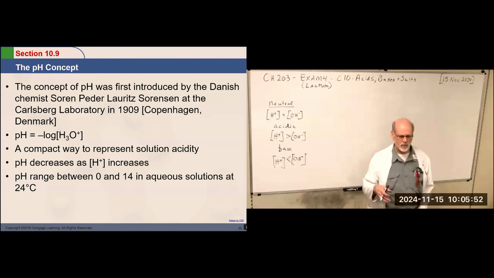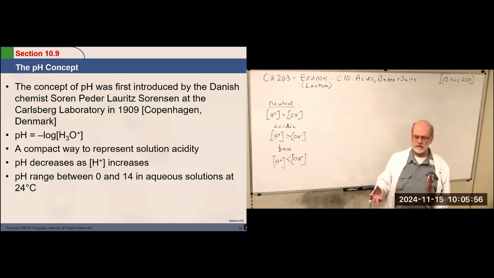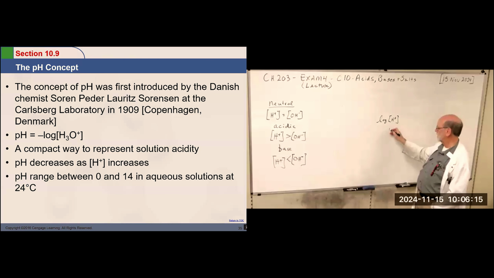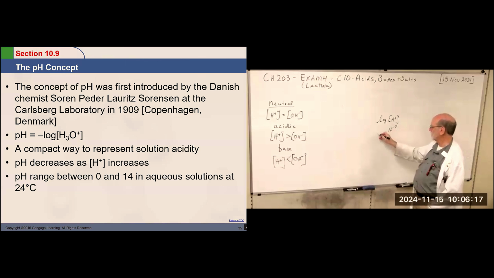He wanted something that was a little more convenient. So he decided, well, look, if I just take the log of the hydrogen ion concentration, I can get a compact number, right? So he said, all right, if I take the log of the hydrogen ion concentration, and let's just say it's neutral, 10 to the minus 7.